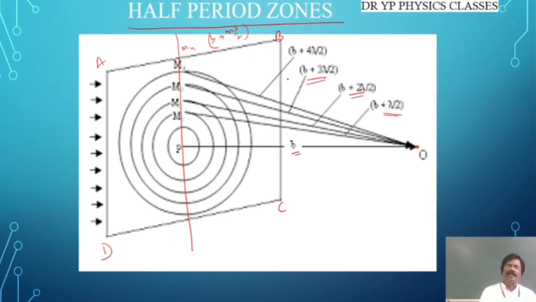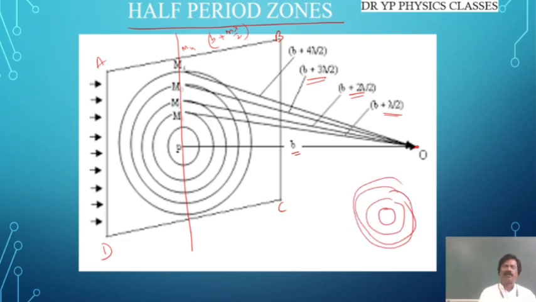Now, with these distances as radii, let us draw concentric circles like this. These circles are going to cut the wavefront into different zones. The first zone is a perfect circle, and the second zone, between this point and this point, is an annular ring.